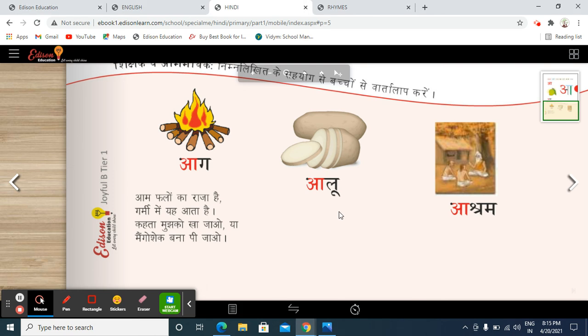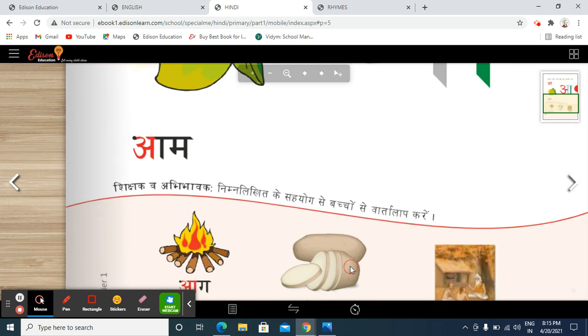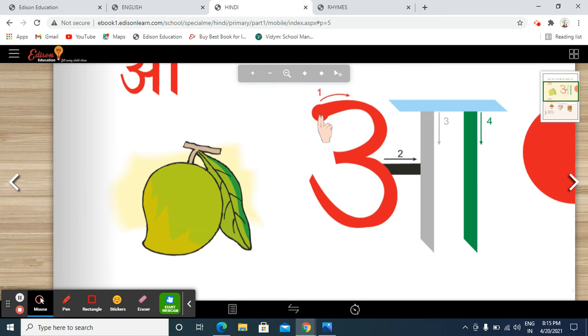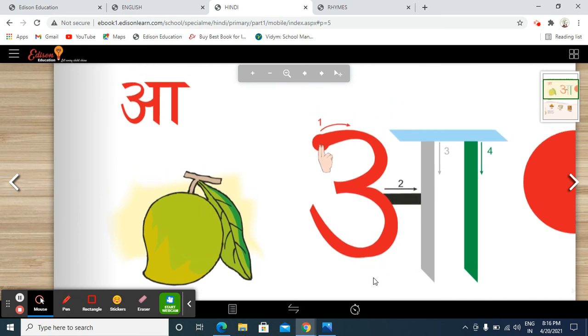So today what we learned? We have learnt about a arm, a aag, a alu, a ashram. Okay, so this was all the concepts for the day today.